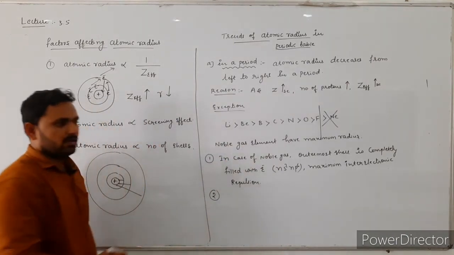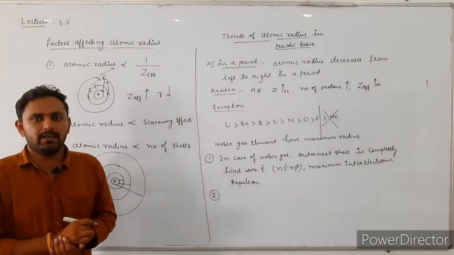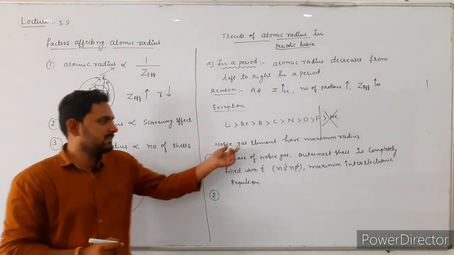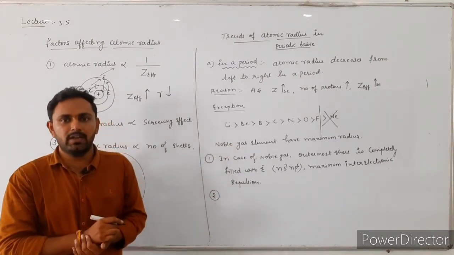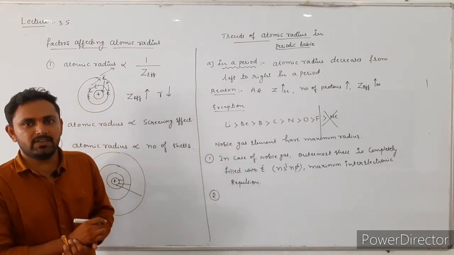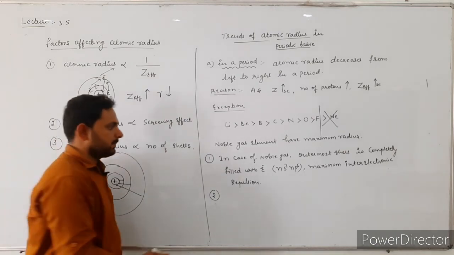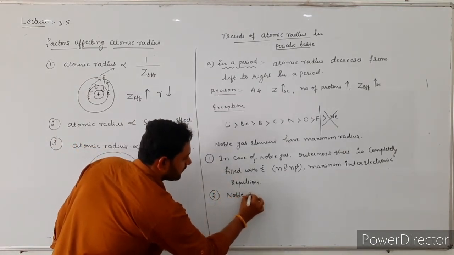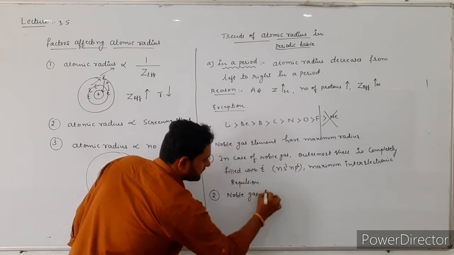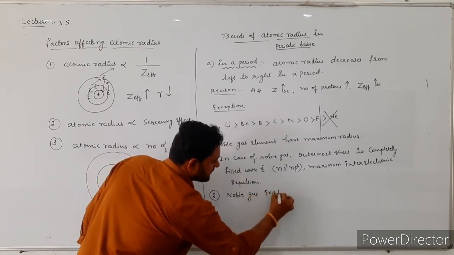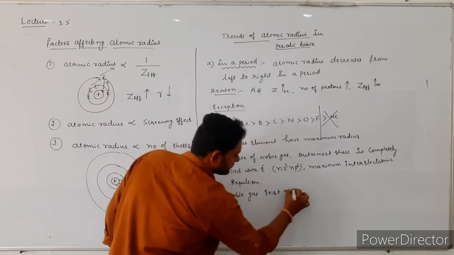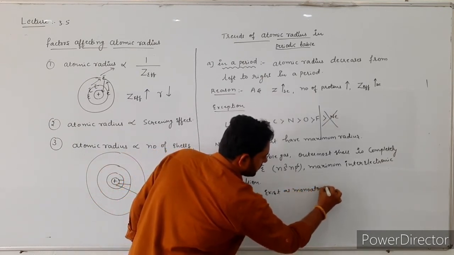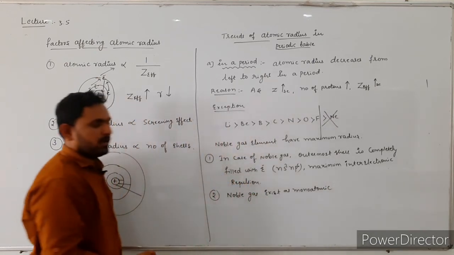Second one, for noble gases we calculate van der Waals radius. Why? Because noble gas elements exist as monoatomic in nature. Monoatomic means non-bonding atoms.